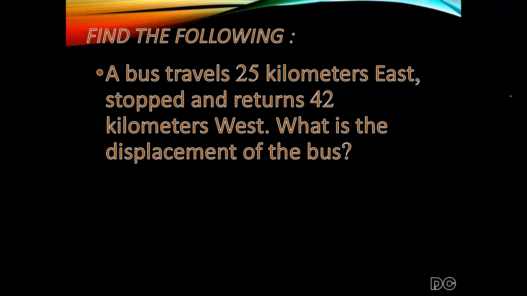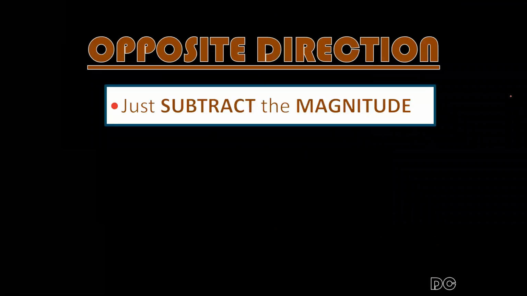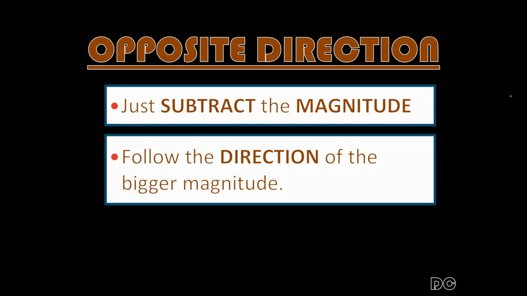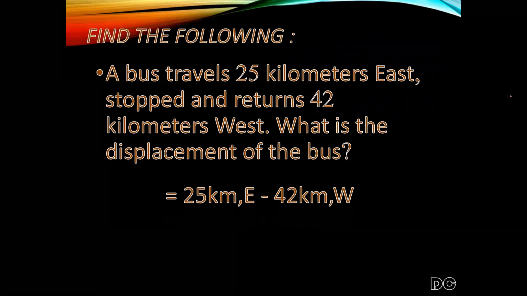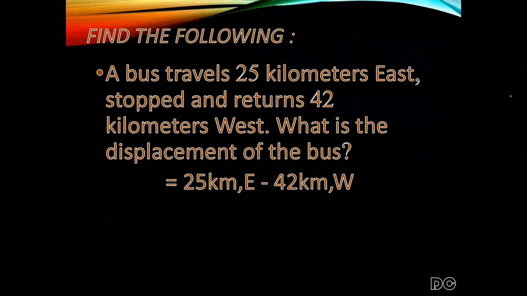If they are in opposite direction, we simply subtract the magnitude and then follow the direction of the bigger or larger magnitude. So for example, in this case, 25 kilometers east minus 42 kilometers west.